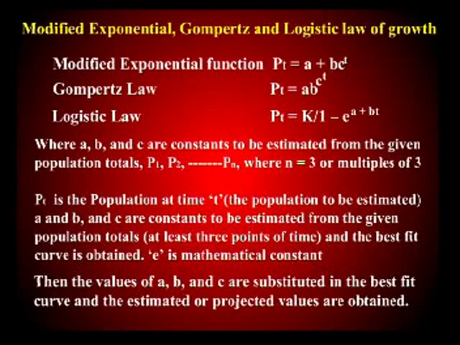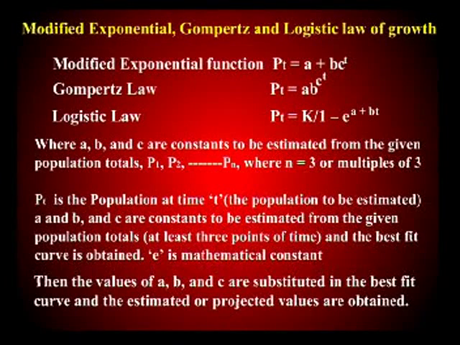The Gompertz law is given by Pt equal to a b power c power t, and the logistic law says Pt equal to k by 1 minus e power a plus bt, where a, b and c are constants to be estimated for given population totals P1, P2 etc. Pn, where n is equal to 3 or multiples of 3.